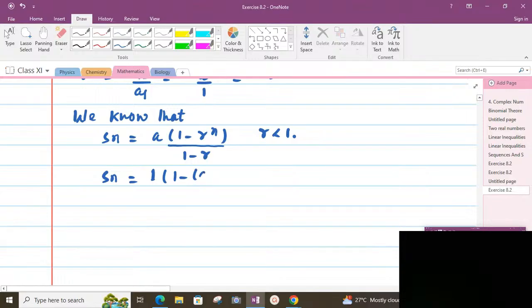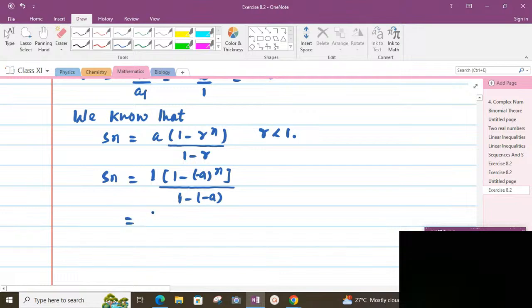We write down here (-a) to the power n by 1 minus r, and r here will be -a.